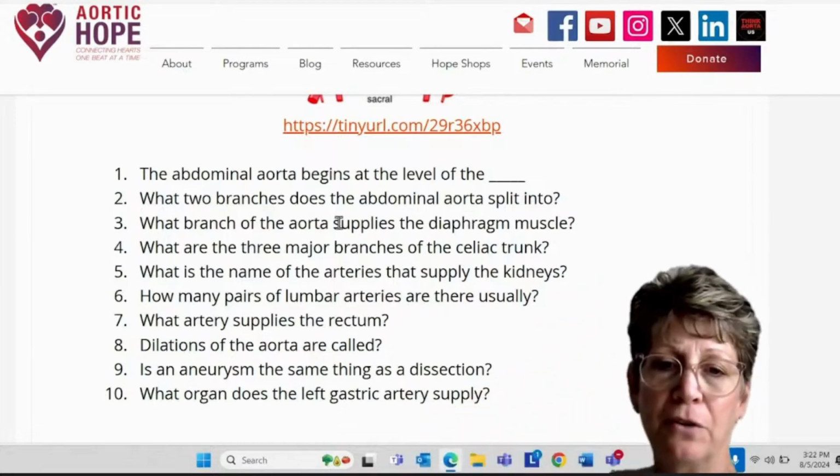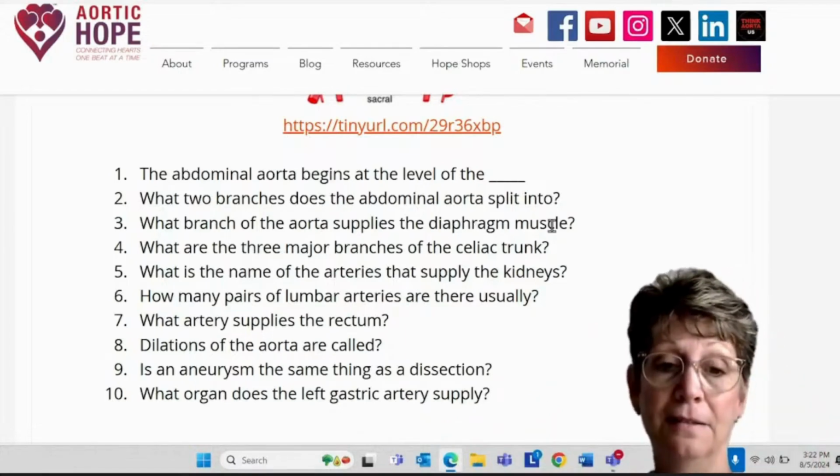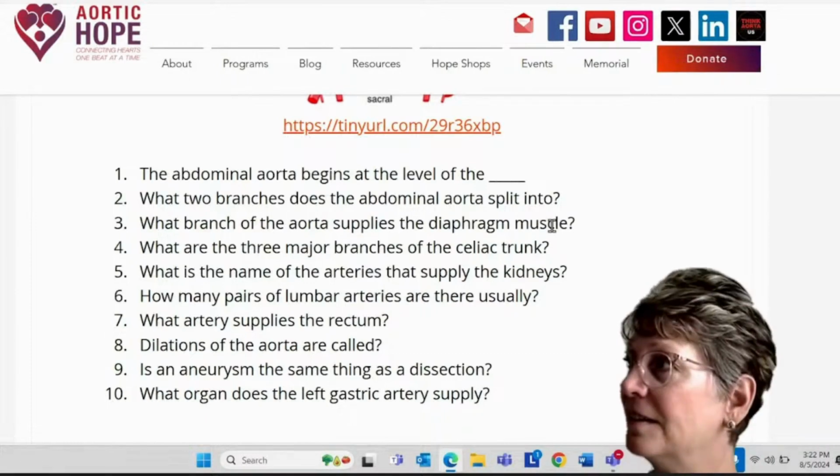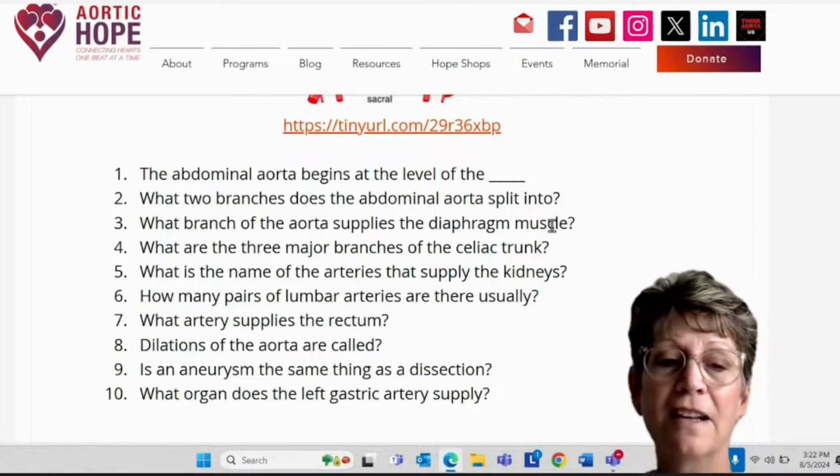What branch of the aorta supplies the diaphragm muscle? I have no idea. The inferior phrenic. Say it again. The inferior phrenic. Interesting. That's what I said.